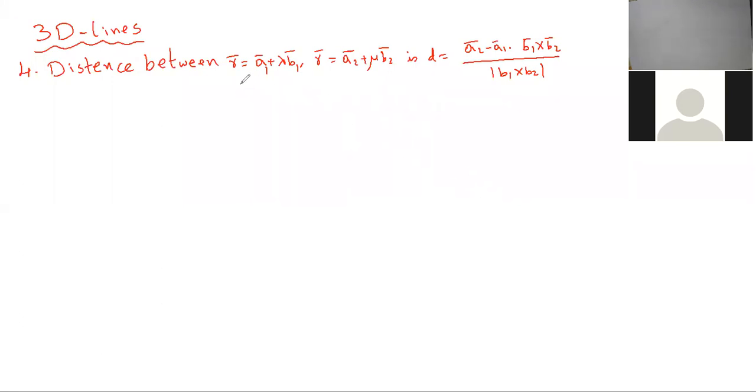To understand the distance between skew lines, first you need to know the concept of projection of a vector on another vector from vector algebra. Projection of A bar on B bar.